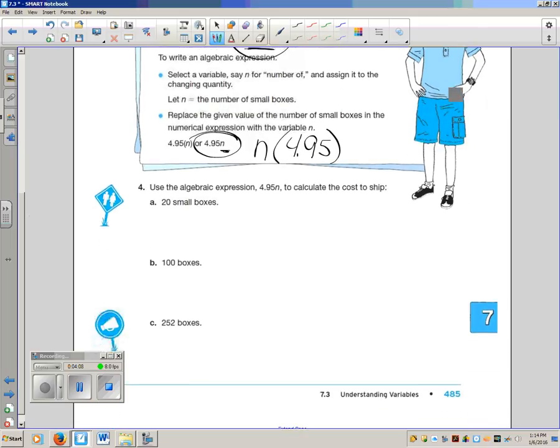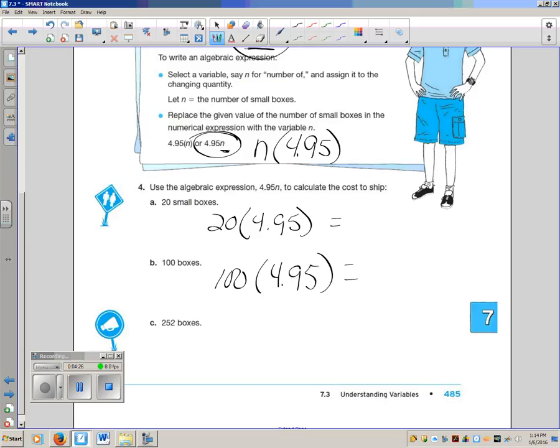So for 4A, B, and C, now you're going to actually calculate the cost. All you have to do is 20 times $4.95 equals, 100 times $4.95 equals, and 252 times $4.95 equals.